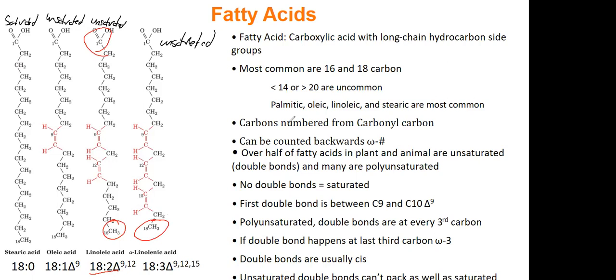Does the omega system count all the double bonds or just the first one? When you name a fatty acid, usually you just say the first double bond. So this is an omega-3 fatty acid, right? If we look at linoleic acid, you could say it's an omega-3, an omega-6, and omega-9, but usually you just say this is an omega-3 fatty acid.